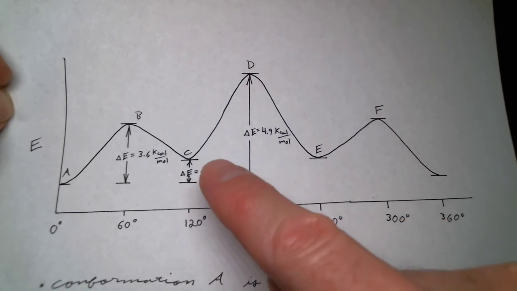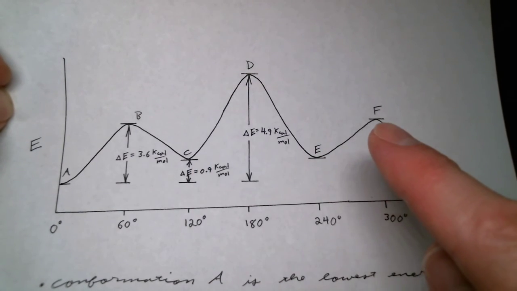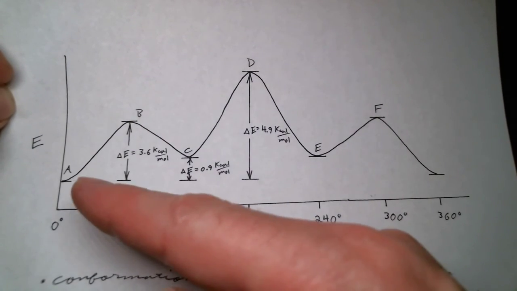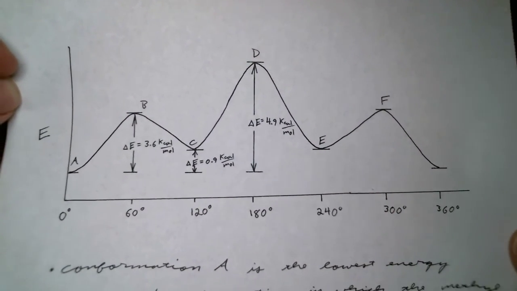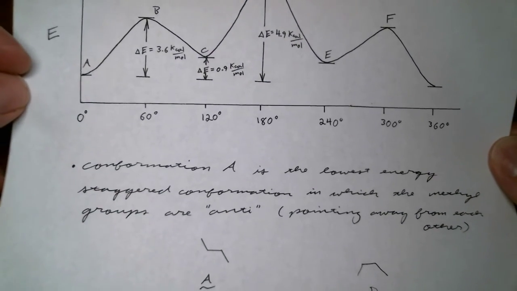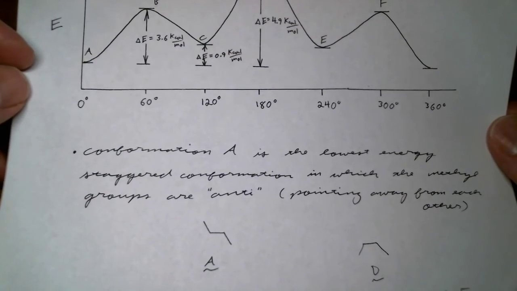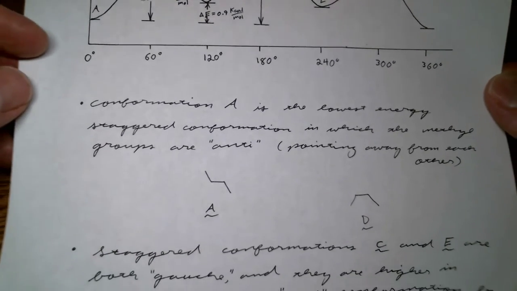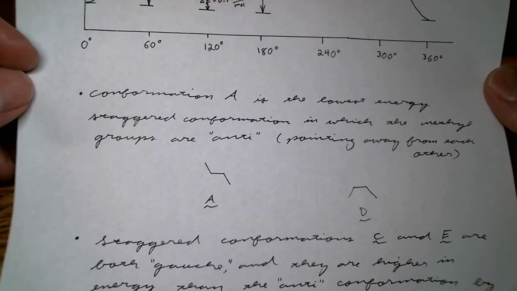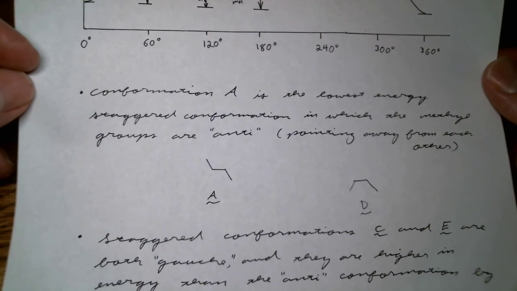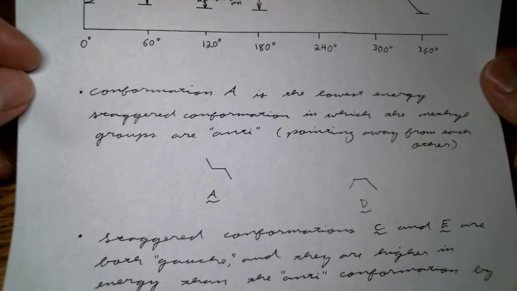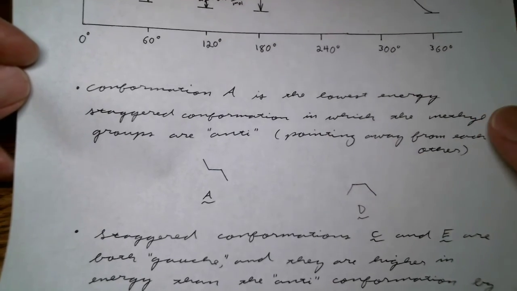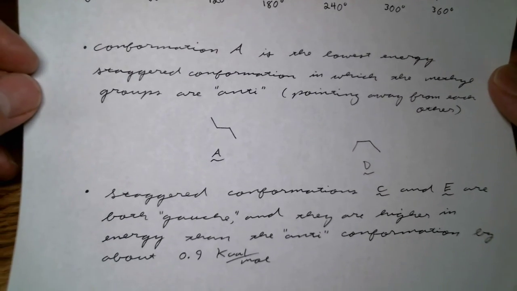E has the same energy as C, F has the same energy as B, and 360 degrees is the same as 0. So conformation A is the lowest energy staggered conformation, in which the methyl groups are anti, pointing away from each other. And you can see I've drawn what the bond line for the highest energy eclipsing conformation would look like. It looks like this D bond line.